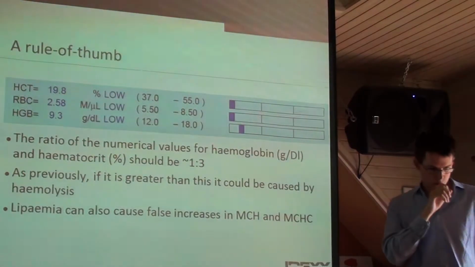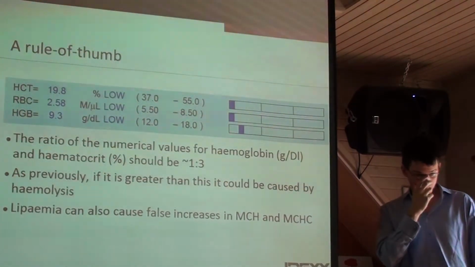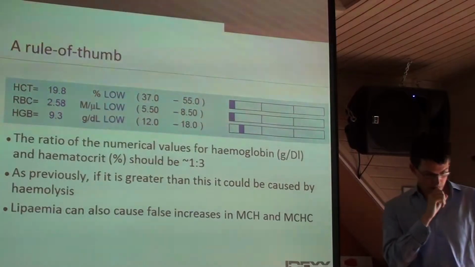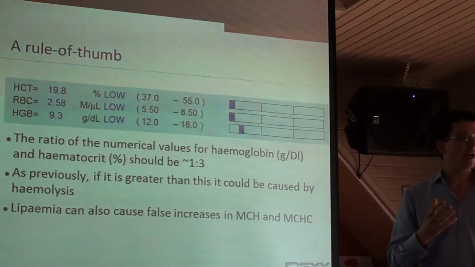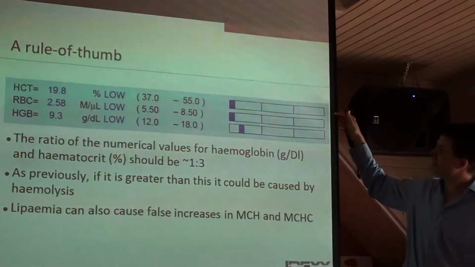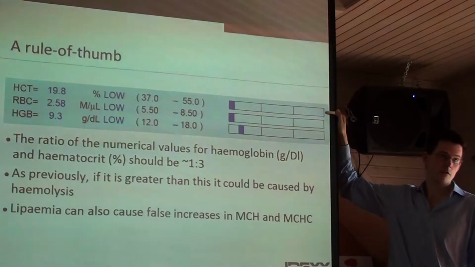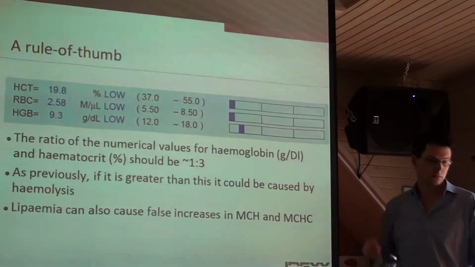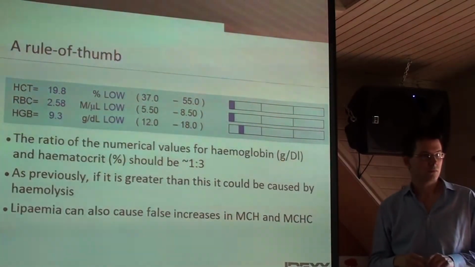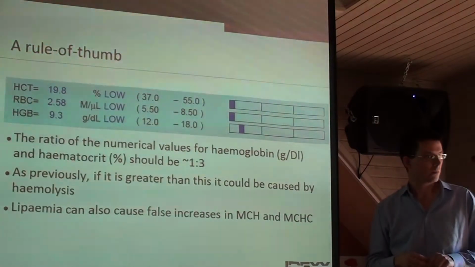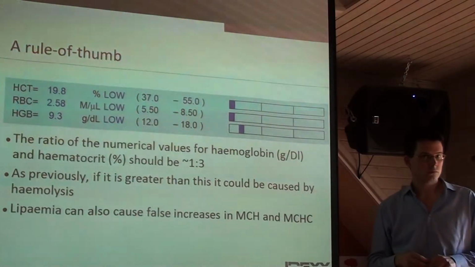Tuleb jälgida neid mõõtühikuid, et siin see kalkulatsioon on antud kui kasutatud grammi detsiliitris. So if we multiply 9 by 3, we are expecting a hematocrit of 27. Et korrutades siis selle hemoglobiini väärtuse 9 korrutades 3-ga peaks siis saama hematokriti väärtuse.